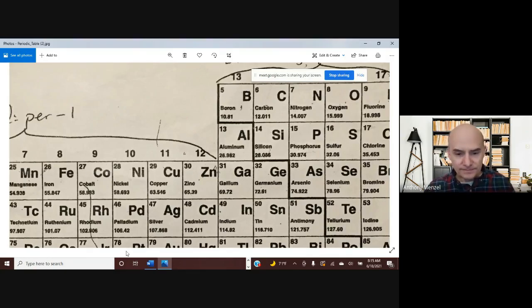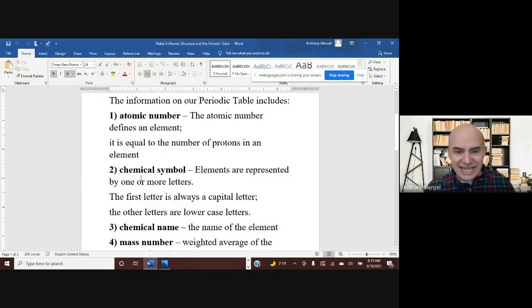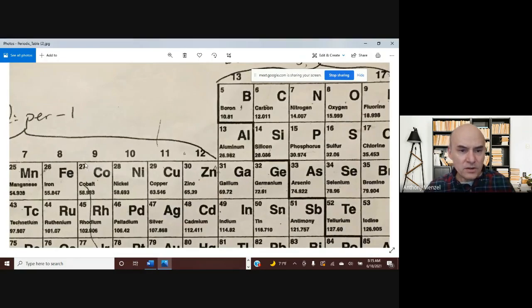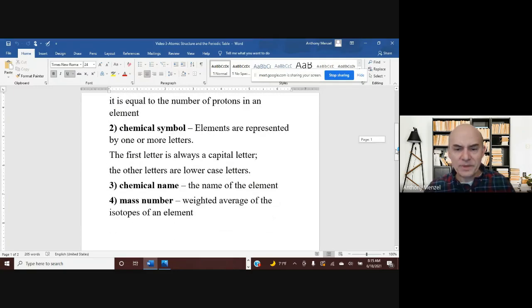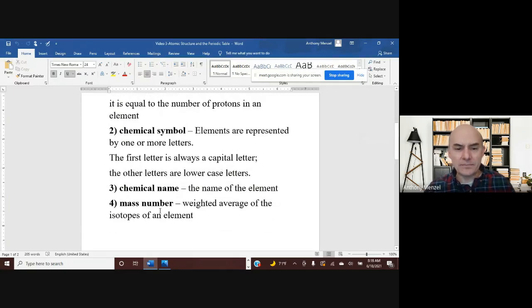That's cobalt. So that's chemical symbols. You have the chemical name, the name of the element. So for example, you see here, atomic number, symbol, and then here's the name, cobalt. And in a previous video, we went over how to pronounce many of the names of the elements on the periodic table.